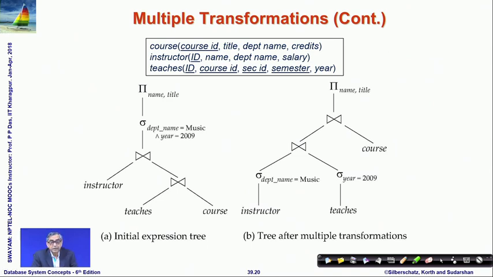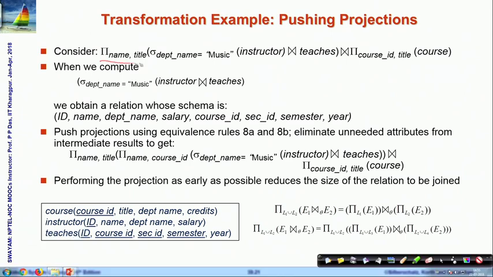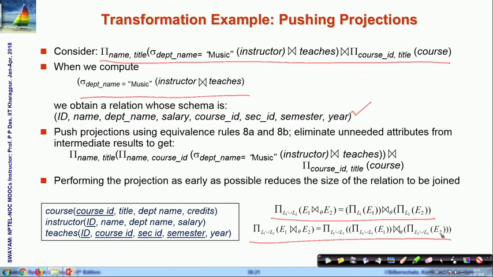You can convince yourself by using the transformation rules that they are actually equivalent, and they certainly give you a significant advantage. And this is an example which shows that you can push the projection. Here is what you wanted to do, and while we compute this, we will get a relation of this form, and we can use rules 8a and 8b. This is rule 8a, this is rule 8b.